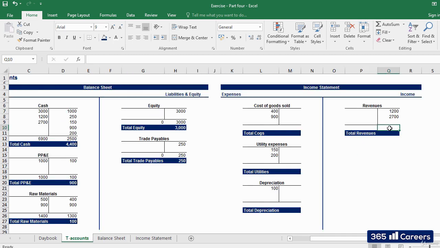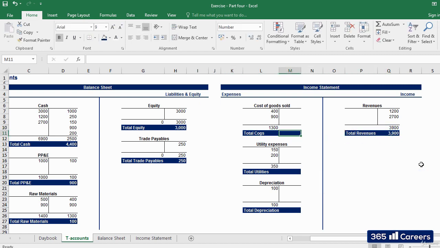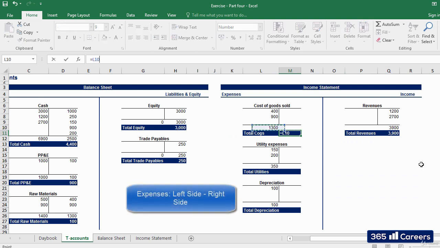First of all, let's calculate the balance of the P&L accounts that we have. When we calculate the balance of income, we do it by subtracting the right from the left column, while when we do it for costs, we need to subtract in the opposite direction.